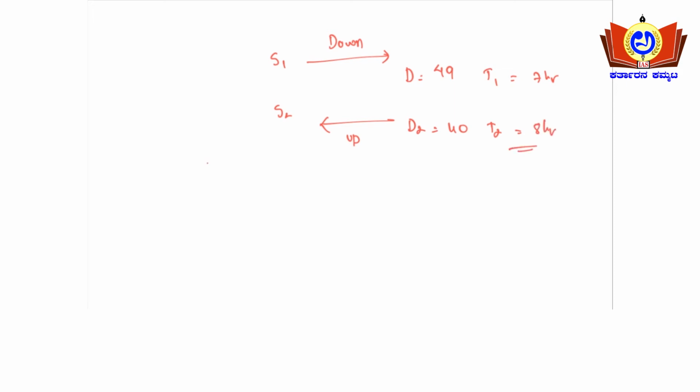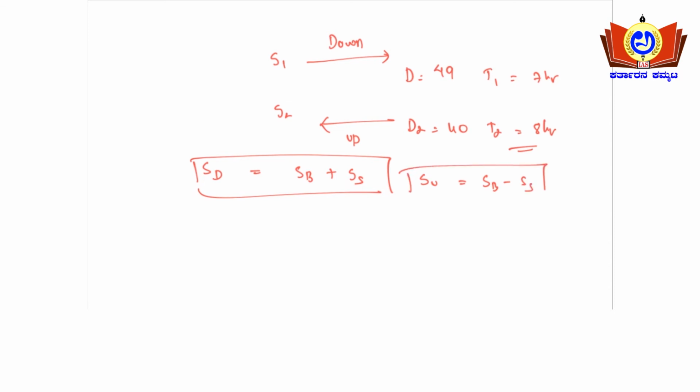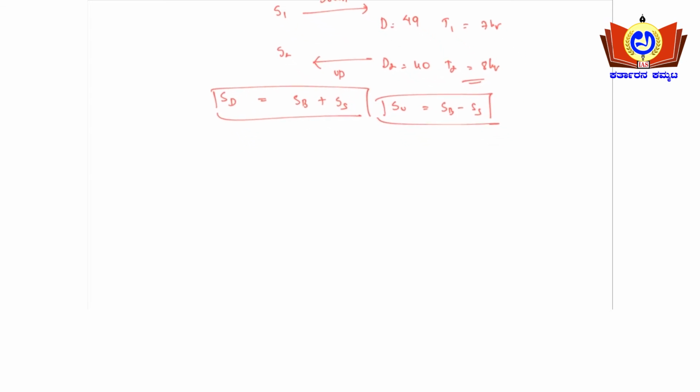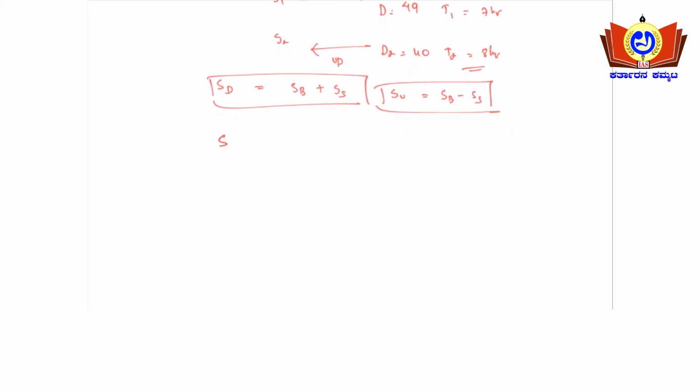So speed in the downstream will be speed of the boat plus speed of the stream. This I have explained, right? And speed in the upstream will be speed of the boat minus speed of the stream. This formula I have explained to you. Now substituting here, we know that distance upon time is the formula.